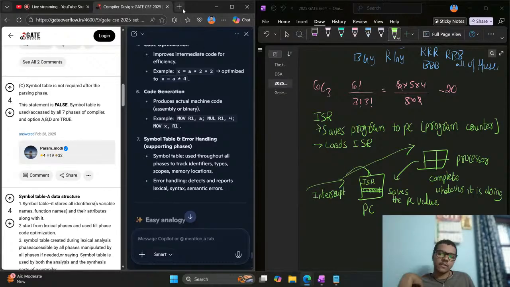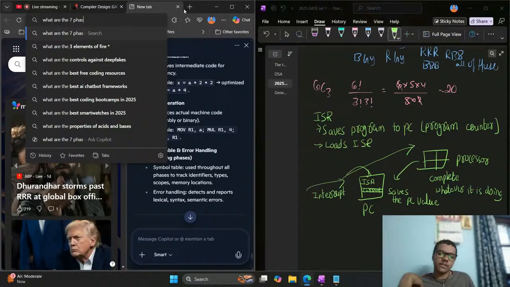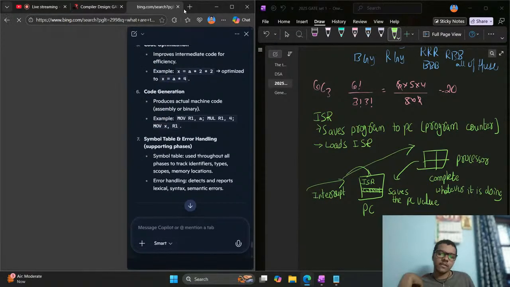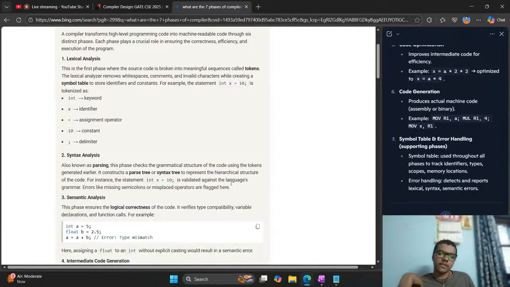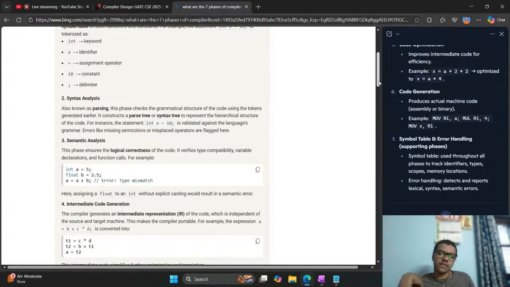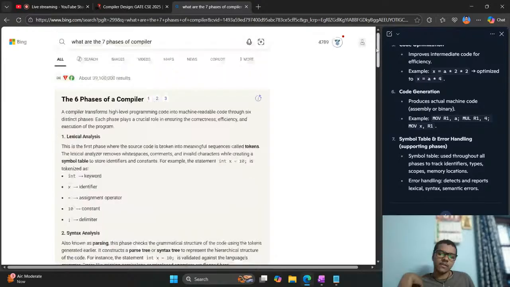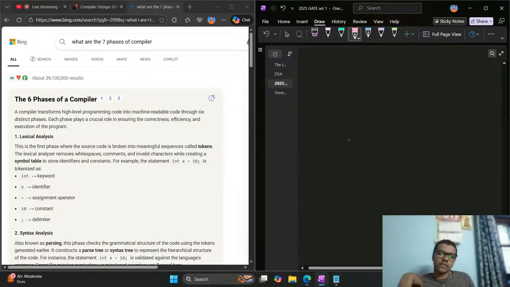What else are there? Let's see. There are only 6 phases. Okay, let's see. Yeah, we are learning more than what is required for this question.